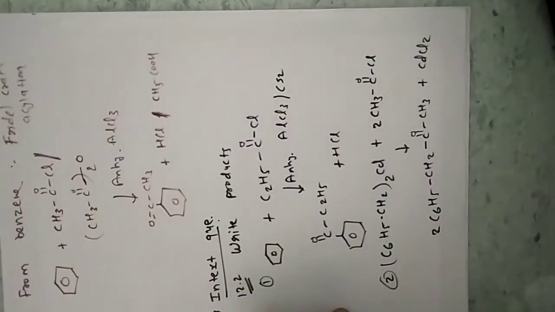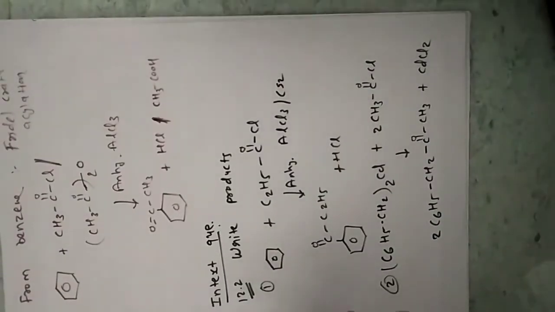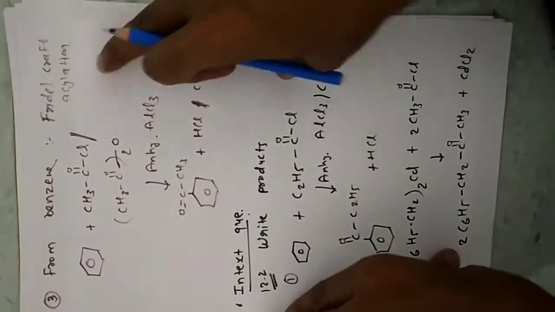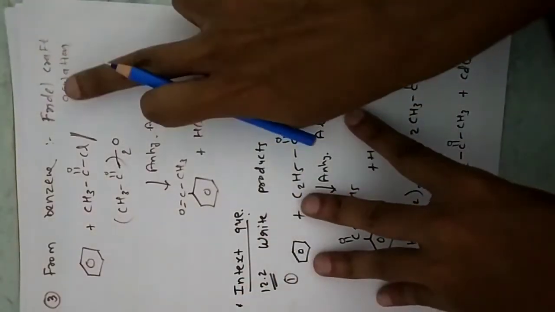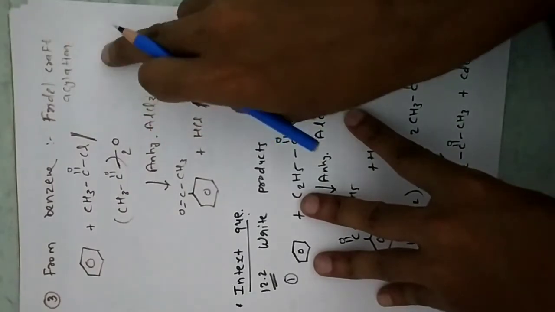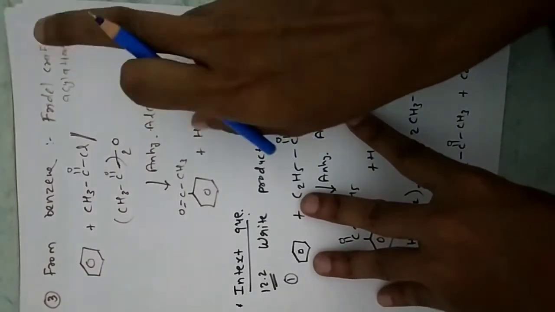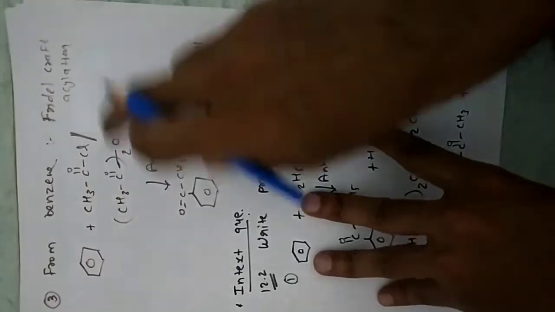The next one is from benzene. Now this reaction you have learned, Friedel-Crafts acylation. In 11th standard this reaction was there, Friedel-Crafts alkylation and acylation. This one is acylation.